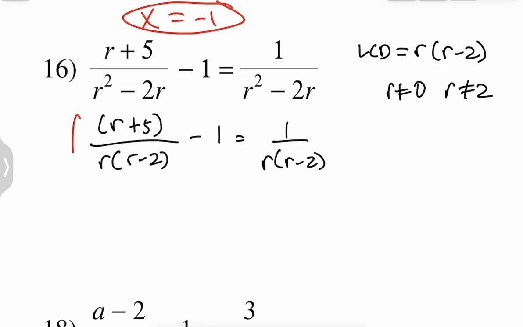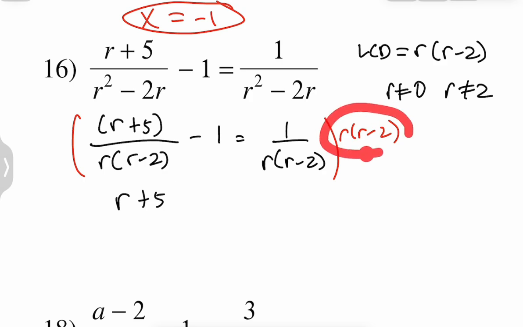So surround it with parentheses, multiply by r and r minus 2. Now our first fraction, that is our denominator, so they are perfect things to cancel out. I'm just left with r plus 5. Now our second fraction, there is nothing sitting there but a negative 1.